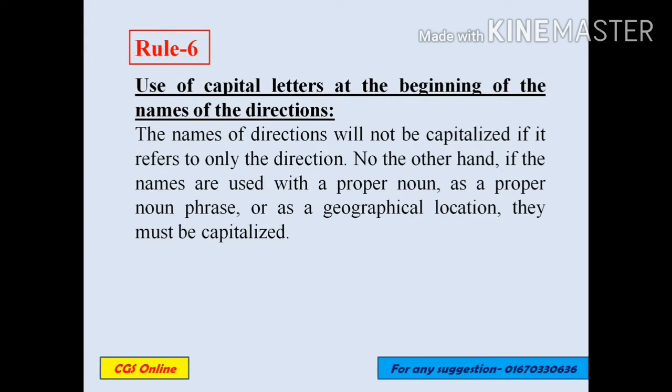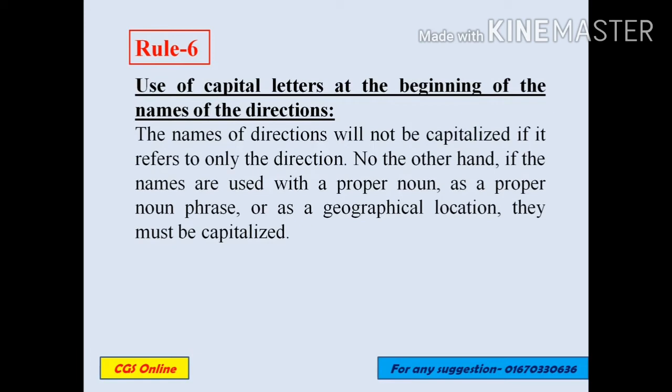So if you are giving direction to someone, then it will not be capitalized, remember.